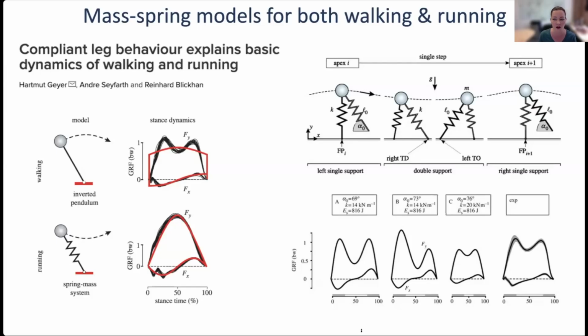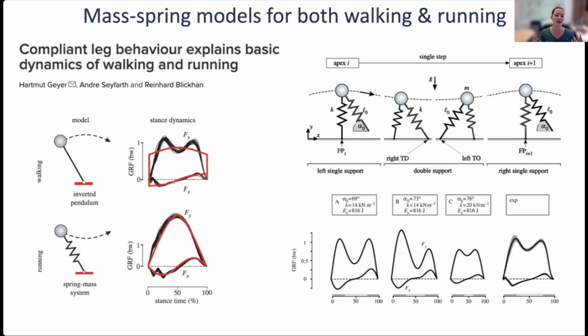And so this is just showing some characteristic shapes that emerge from this model for different combinations. They all have the same total mechanical energy of the body, but they have different contact conditions and different leg stiffness conditions, which replicates different kinds of characteristic ground reaction force shapes, and some of the variation we see in gaits with speed as well.